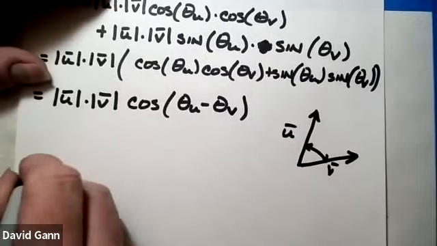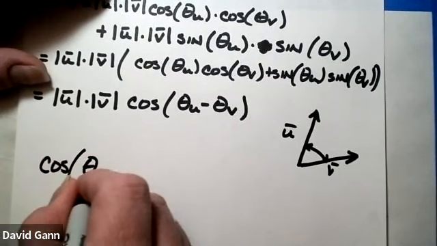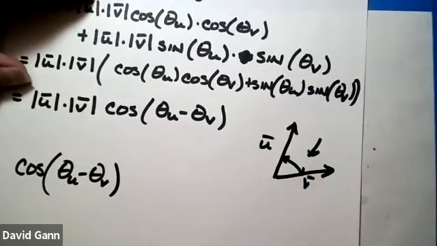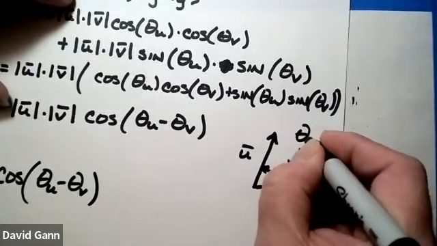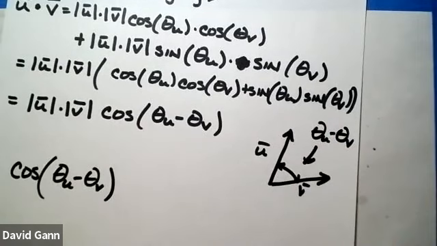So the cosine of the angle between them, that's this angle right here, is theta u minus theta v. It might be plus or minus depending on how that's calculated.